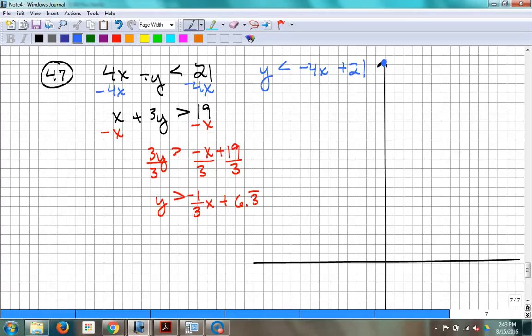The slope is what's in front of x. So I'm going down 4. 1, 2, 3, 4 over 1. Now I'm going to do that again. Down 4 over 1. And I'm just going to do it one more time. And then that's going to be what kind of line? Dotted. No equal to mark. You got to remember that.